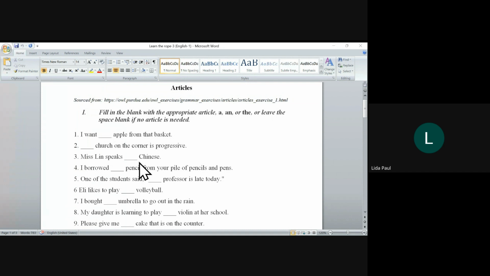You do not decide whether to use the based on whether something is countable or not. The condition required there is specificity. If I'm talking about a specific apple, then I'll use the. If not, I'll stick with a or an if the given noun is countable. If it is uncountable or a plural noun, then I'll skip the article.